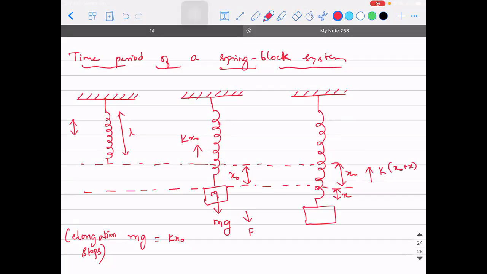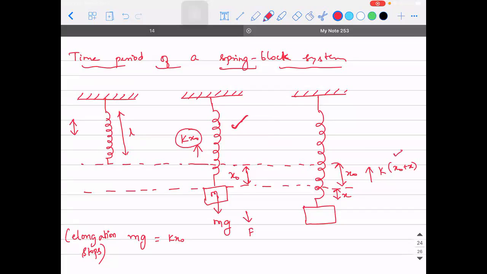But the second scenario told me that the balancing will take place only if there is a restoring force of how much value? The spring and the block is under a balanced scenario when the restoring force acting is how much value? Kx naught.